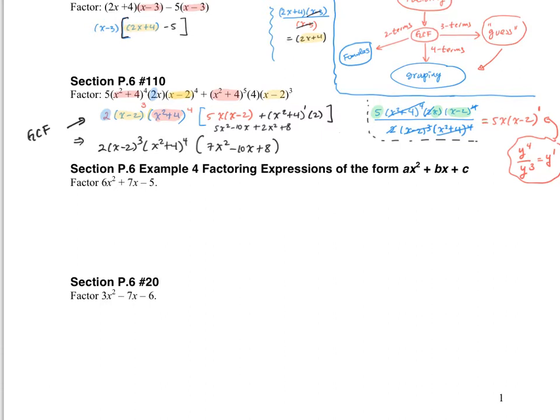Again, the key to do these problems, if they look too messy at the beginning, is to do each part on the side or do it the long way. I know it takes a little longer, but it's safer. So you can see here, once you do this part on the side, you end up with this, and you just put it in here.